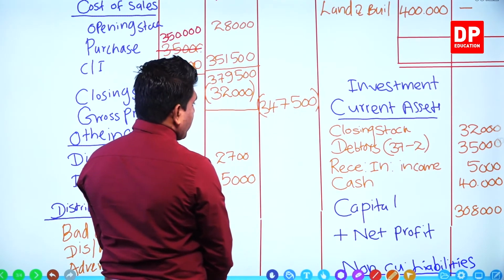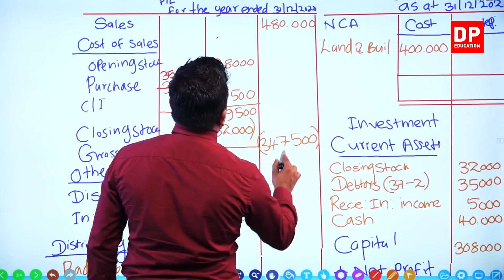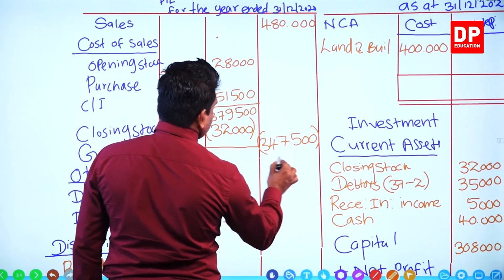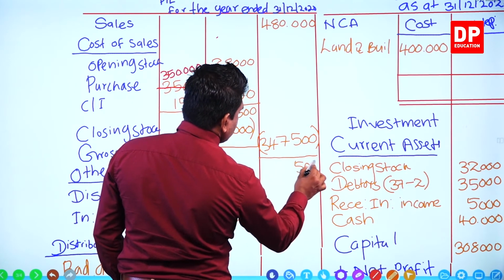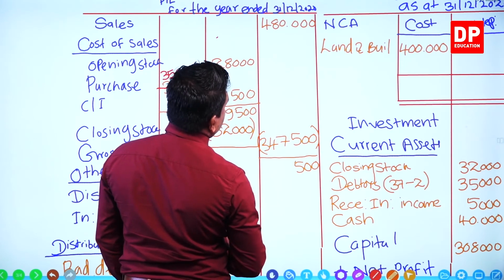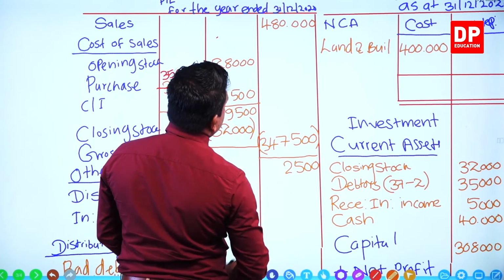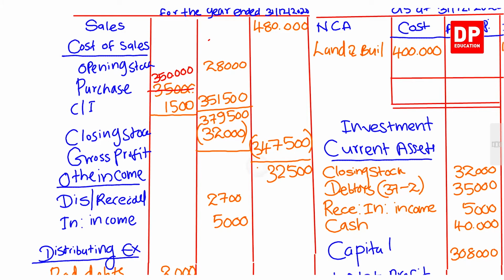Above you can see the 480,000. From the 480,000 you can get the final answer here. This is gross profit. 132,500 is the gross profit.